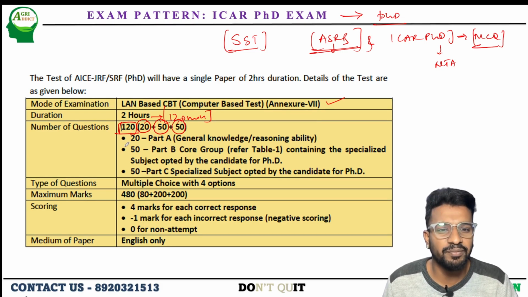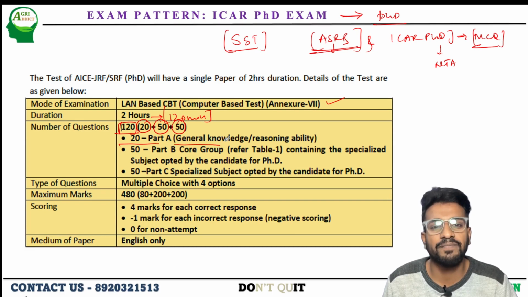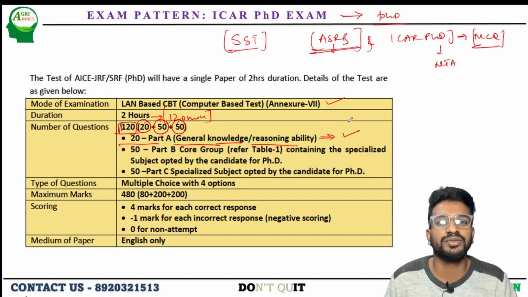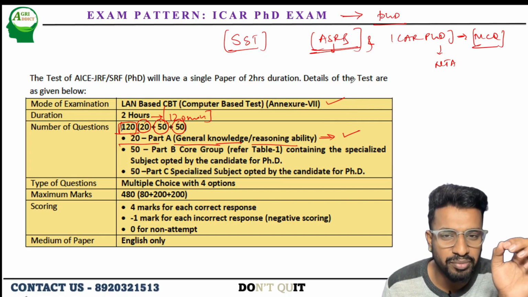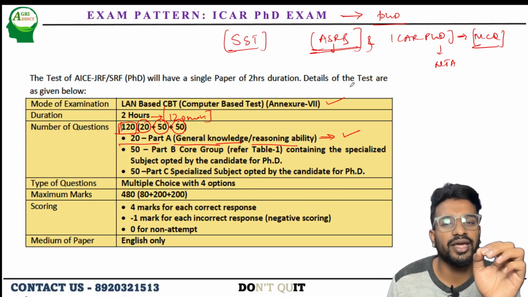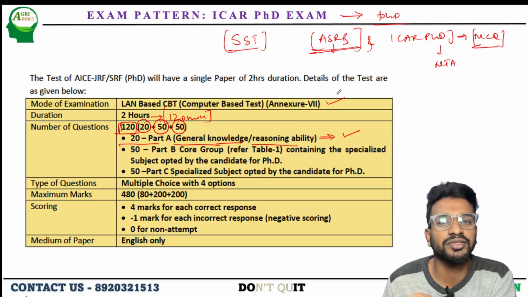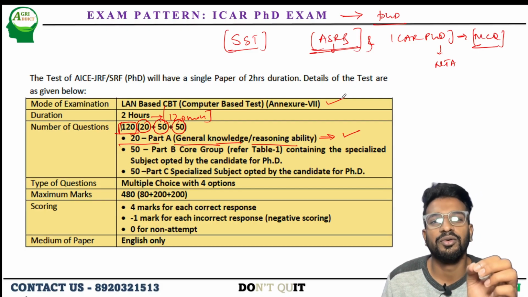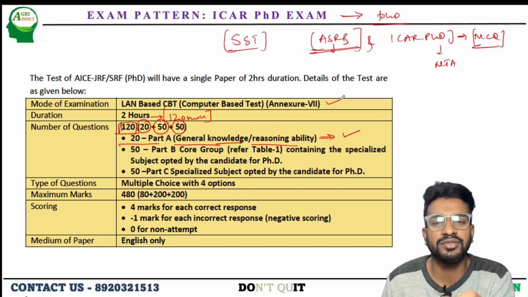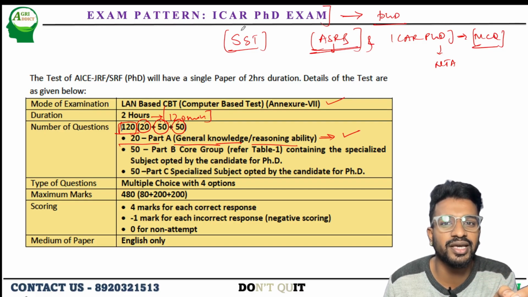The first part, which has 20 questions, is part A, which includes general knowledge and reasoning ability. This will be common for all the students who are writing this ICAR PhD exam for various subjects or streams. So this paper and the questions will be the same for all the students writing the exam in the different streams or subjects.